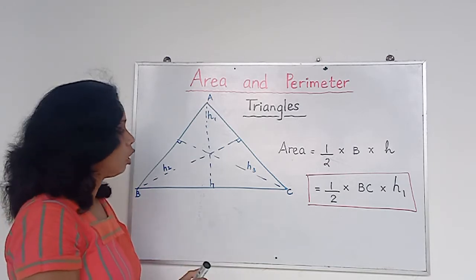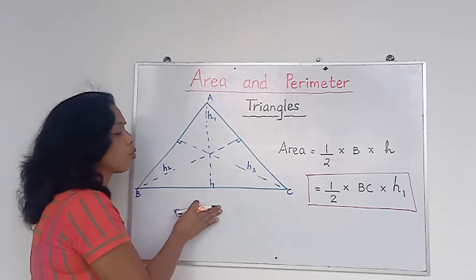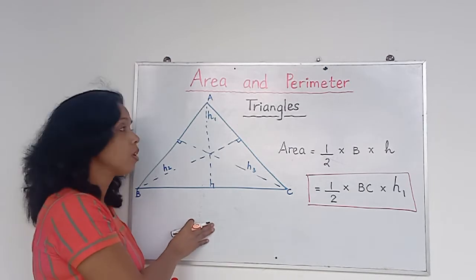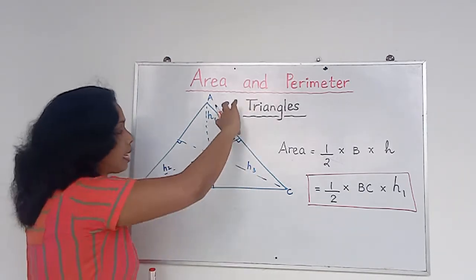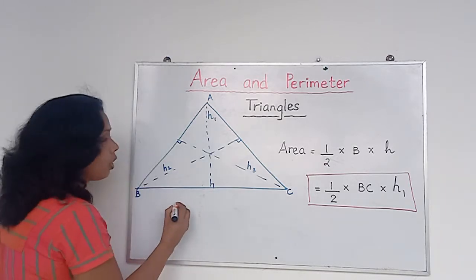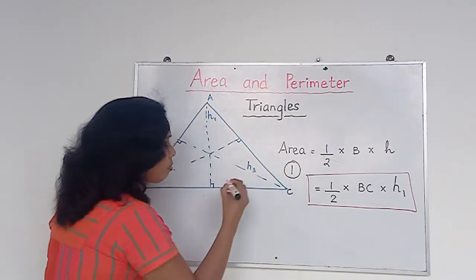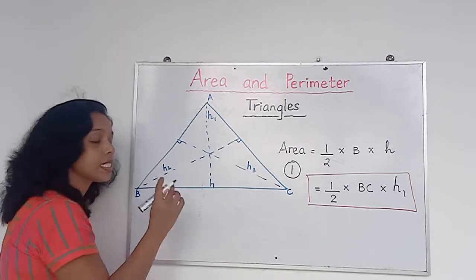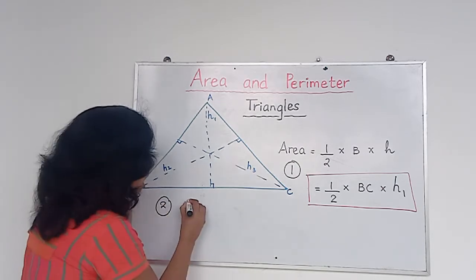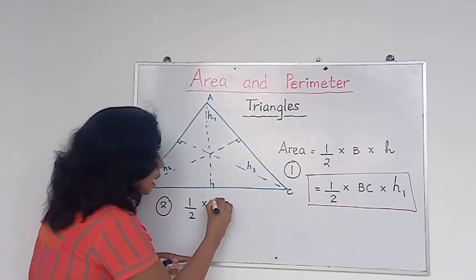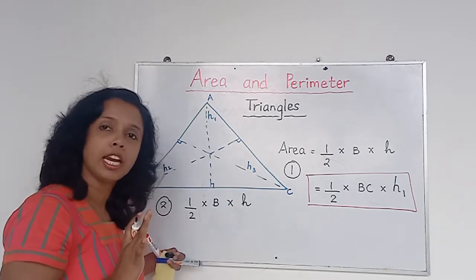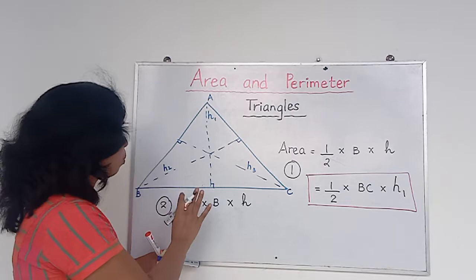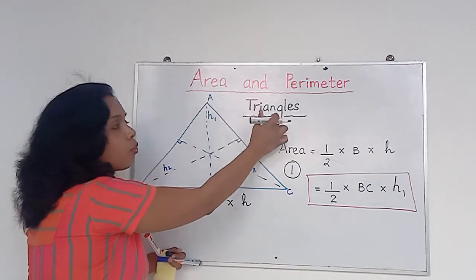Another student can say, no, I don't want to go with that obvious one, I want to select AC as the base. No worries, you can select AC also as your base. This is the second option. Again the same formula you use: half into base into perpendicular height. The same formula can be used because it is the formula to find the area of a triangle.